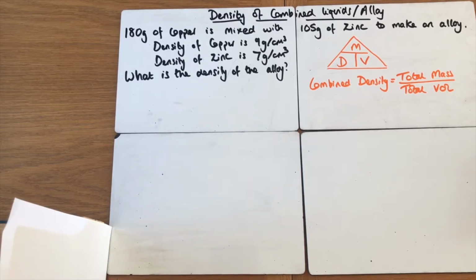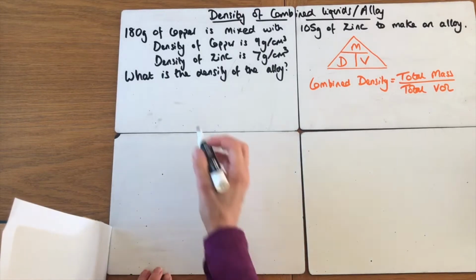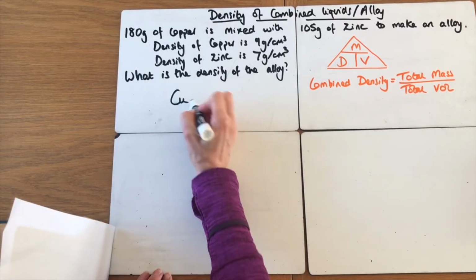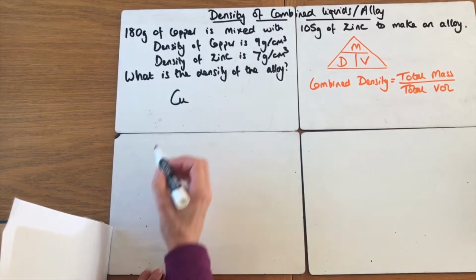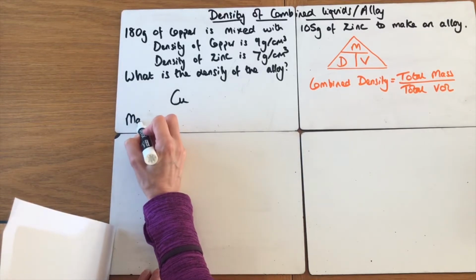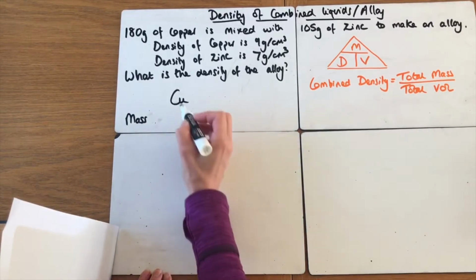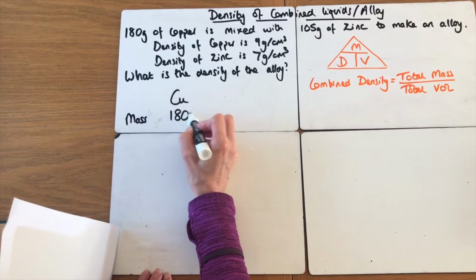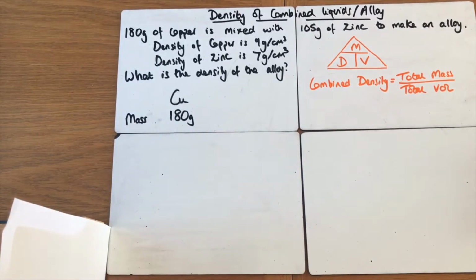So when doing these questions, it's a good idea to create a table with the information that you've got and the information that you need to work out. So in my table, if I have my copper here and I've got my mass down the side, the mass of copper I'm given is 180 grams, and when working with density and speed and compound measures, I always keep my units in the question to make sure that they are consistent.